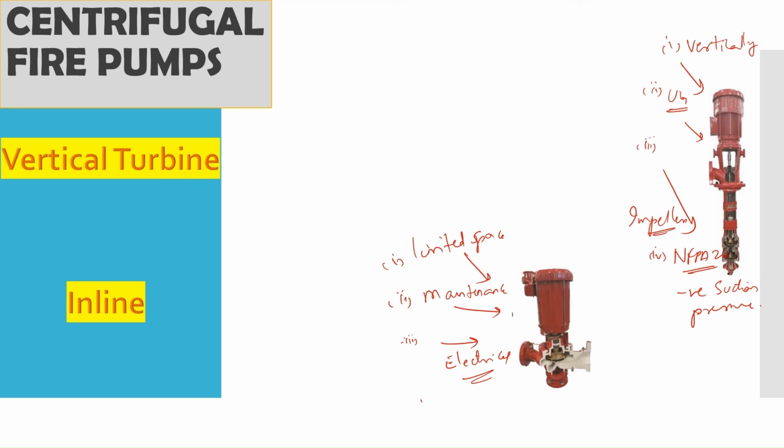And the orientation, if you look at this particular pump, is similar to the horizontal split case, but in horizontal split case the suction line and the discharge outlet are both on the same plane. Here, if you look at this particular drawing, the suction line and the discharge line are not exactly on the same plane. This is the major difference between these two fire pumps.